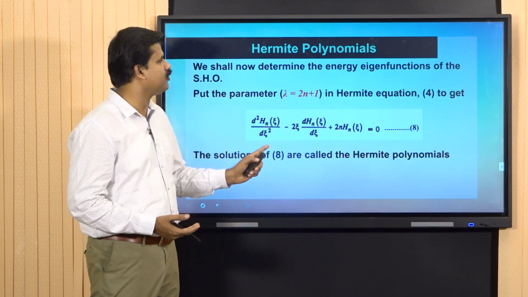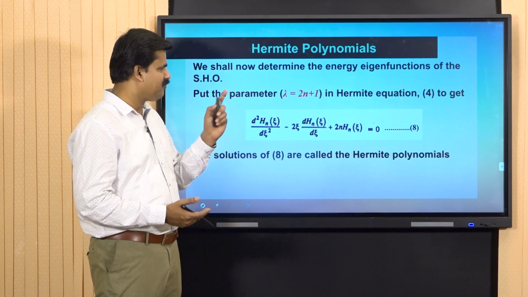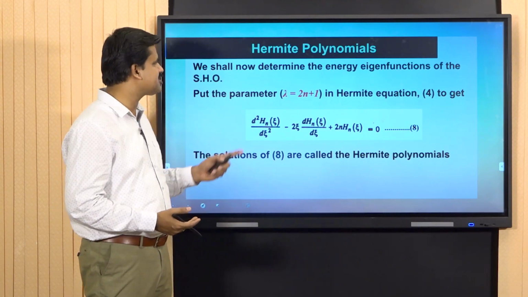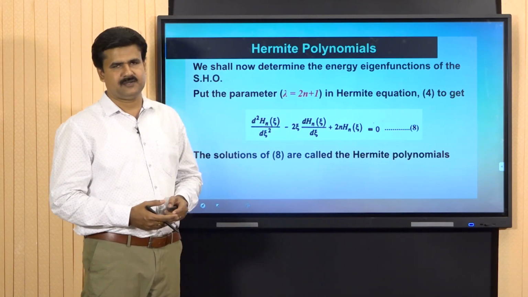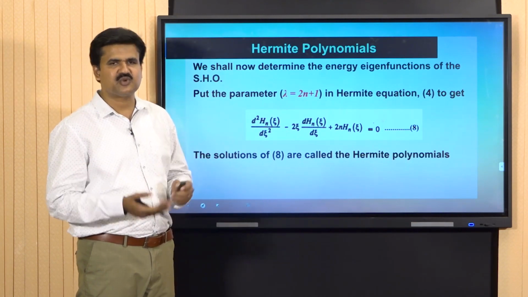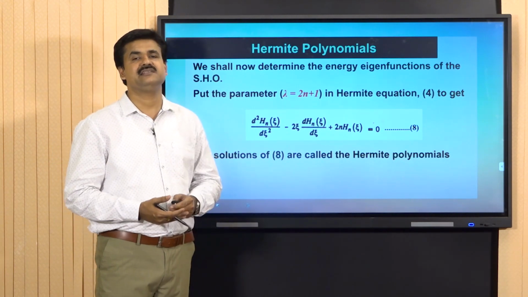This is another form of the Hermite equation, obtained by making a change in the previous Hermite equation by replacing lambda with 2n plus 1. This new equation has solutions known as the Hermite polynomials.